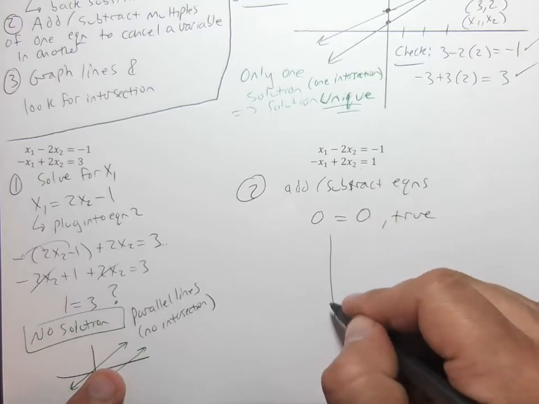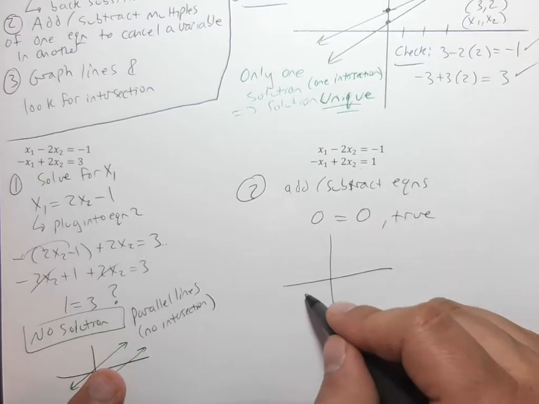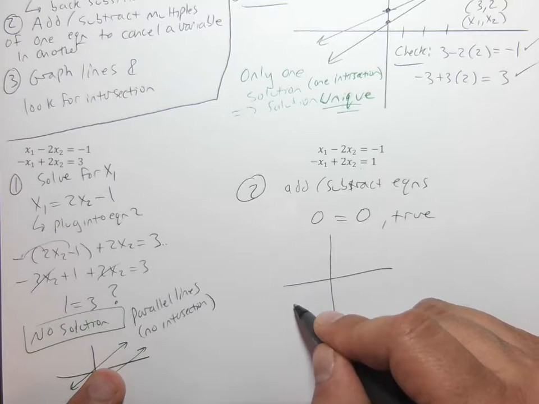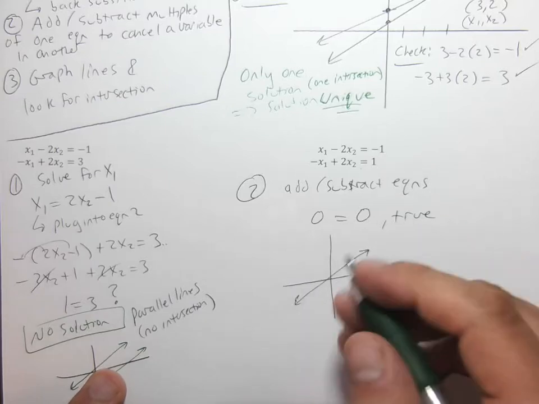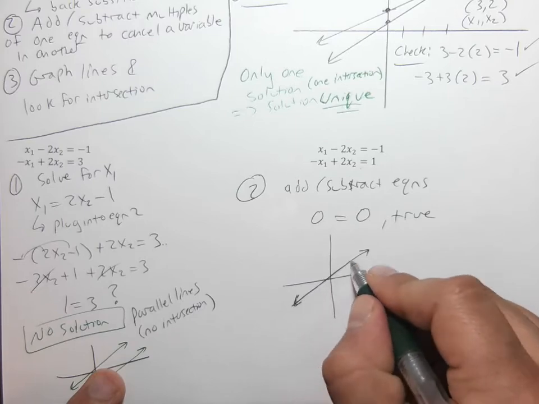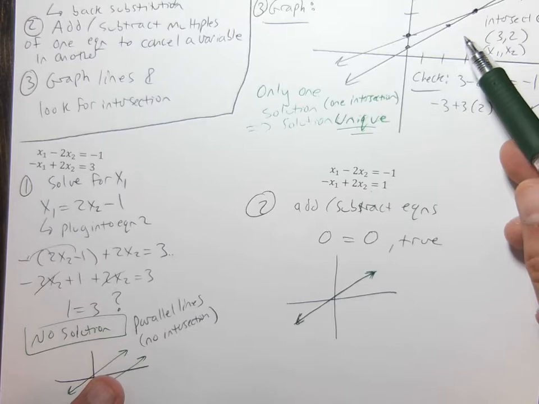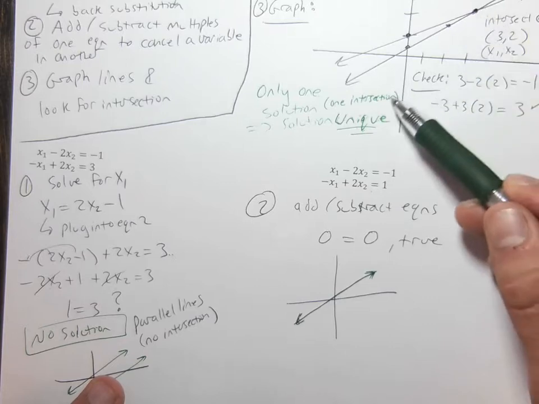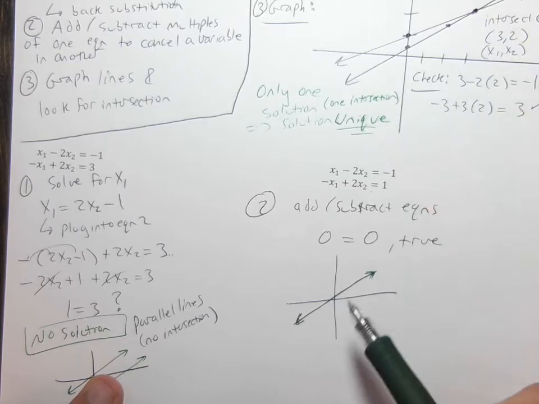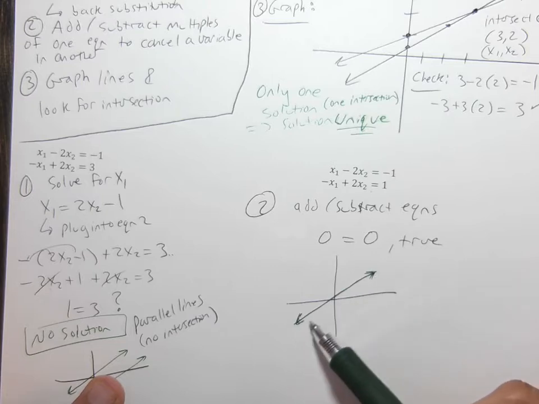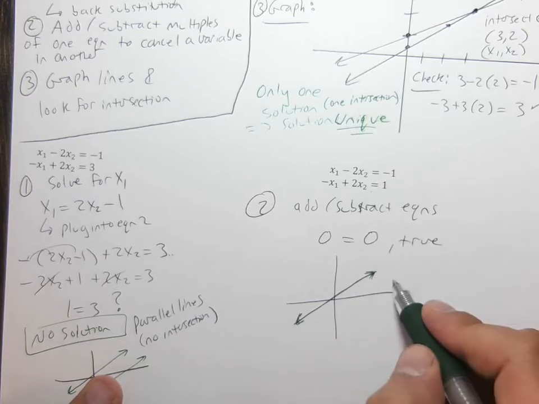And so if we were going to graph this, if I graph this line, this might be the first equation, right? And then the second equation might be the exact same line. And so if we're thinking about intersection points, on the first one here, we had one intersection point which led to one solution. This has infinitely many intersection points, right? So these are the same line.